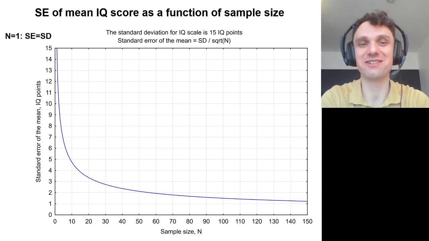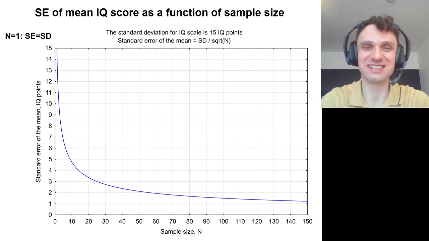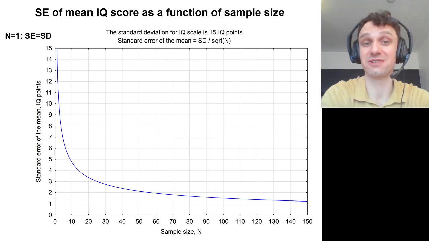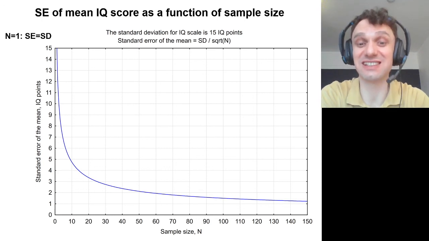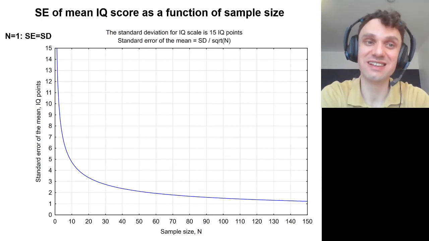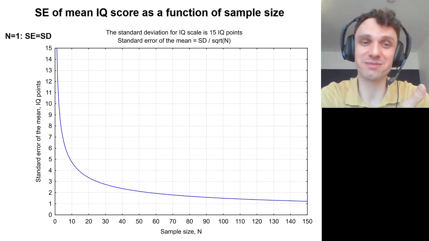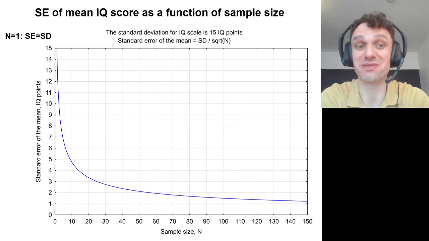But whenever you are thinking of a sample size, think about this curve. It always has the same shape. First, it drops down very quickly, but then it kind of tapers off. It's like in economics, there is diminishing marginal utility. The larger your sample, the smaller the contribution of every additional participant to the precision of your measurement.